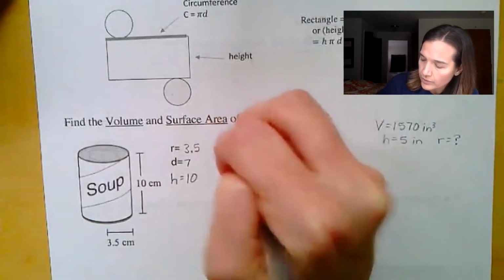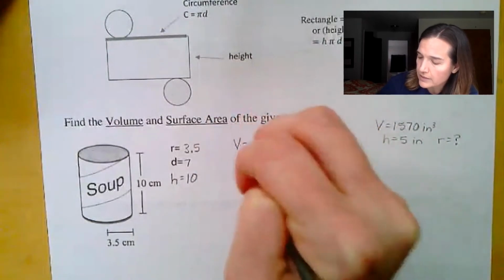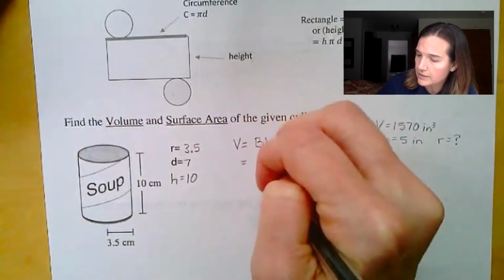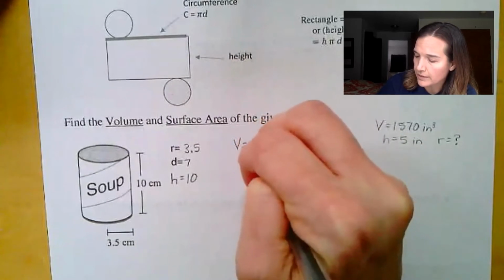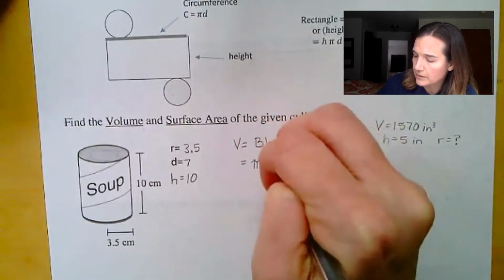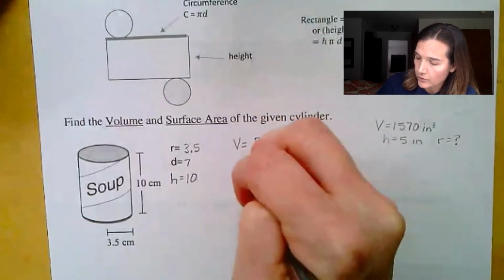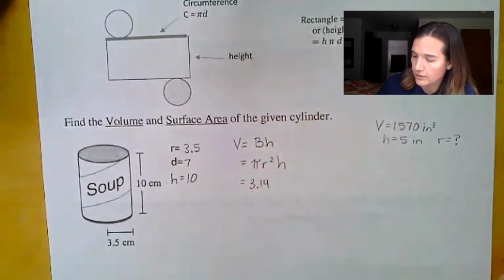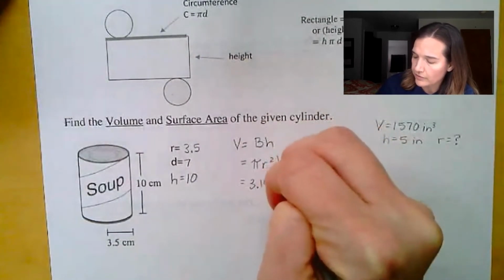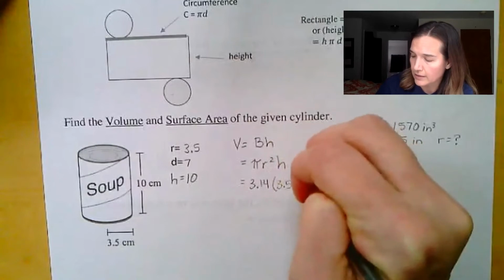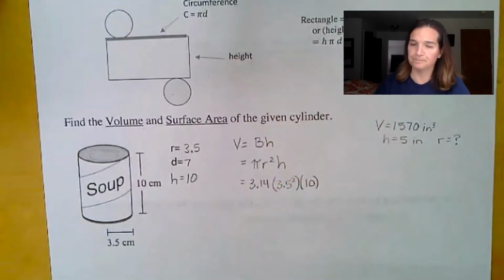That way I just have all my numbers ready to go. So my volume is area of the base times height, but the base is a circle. So that's going to be pi times radius squared for my base times the height. Then I substitute all the numbers in that I know. 3.14 is my pi. My radius in this case is 3.5. And I'll have to square that. And my height here is 10.